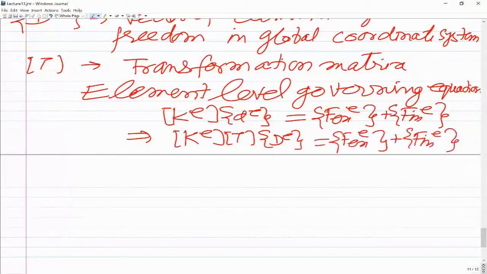In this, if you see the forces, whether we talk of the left hand side or the right hand side, are still in local coordinate system.